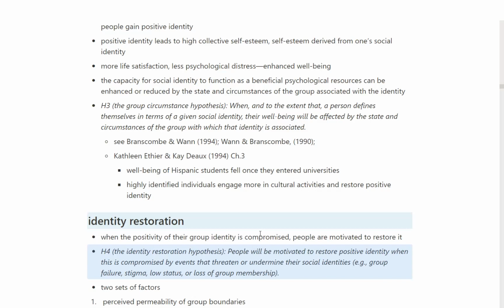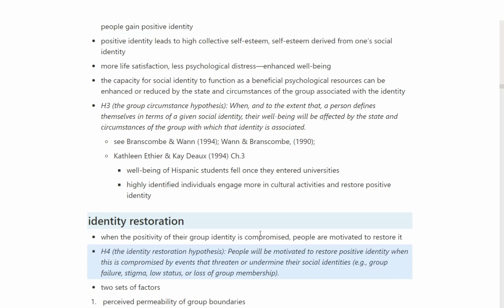An example of group failure can be something like losing a match in the Olympic game. An example of stigma is something like Hispanic students in American universities.